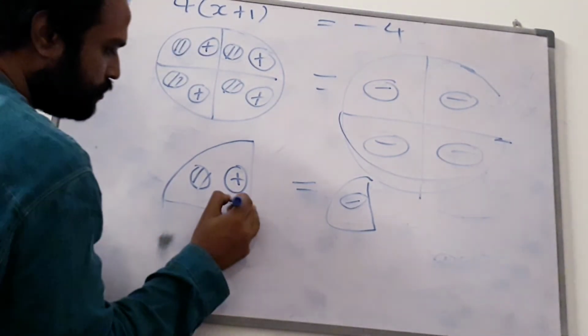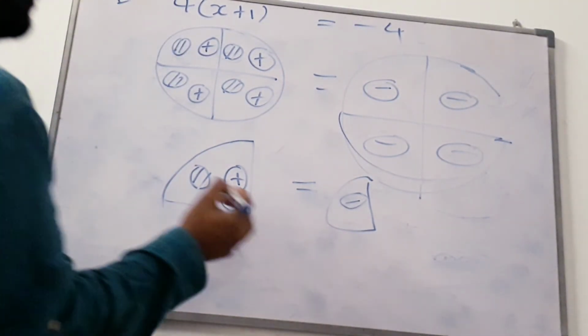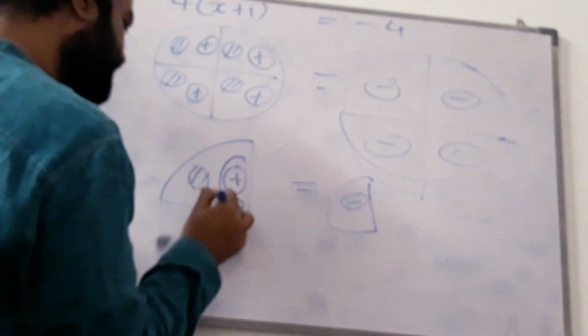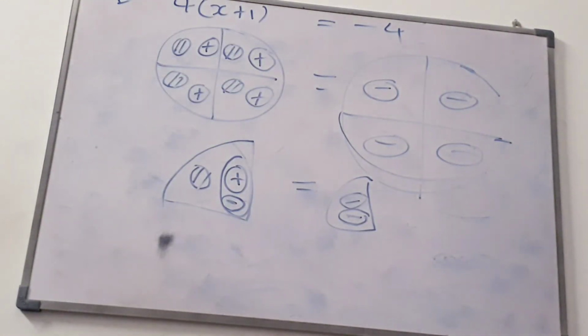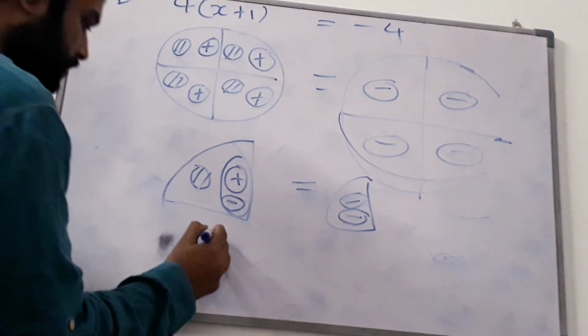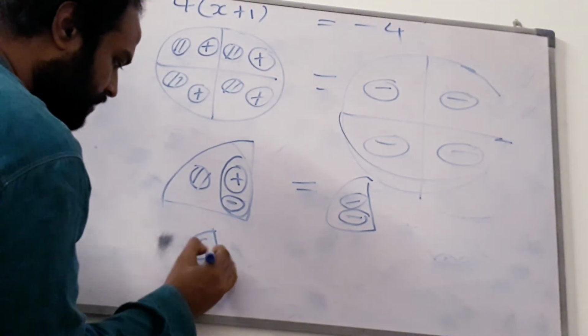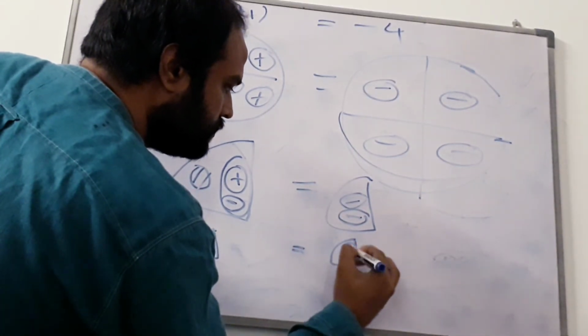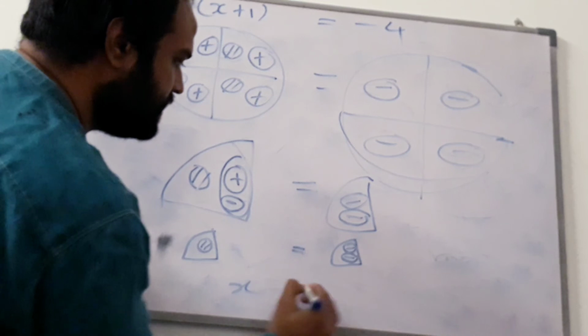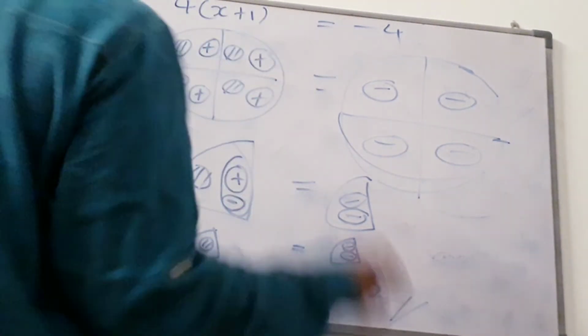So we have to add minus to remove this plus and get it cancelled. Here also we have to do the same thing, we have to add a minus. So 1x represents 2 minuses. So x means minus 2. This is the answer.